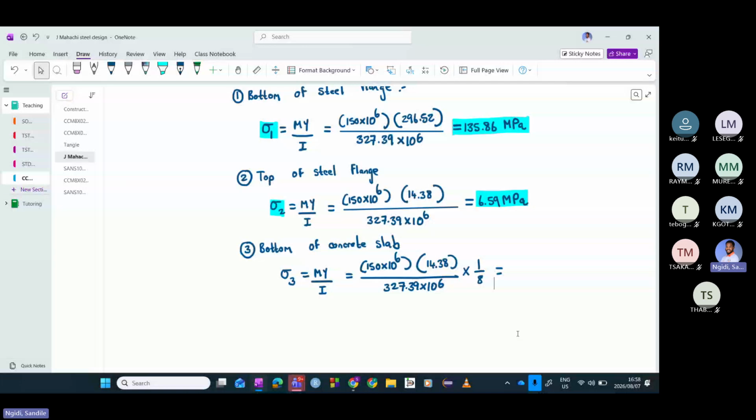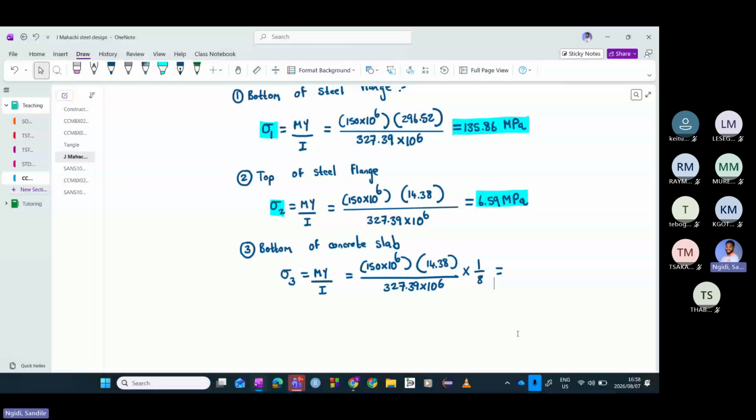Let's look at the top of the concrete slab. So let's find the stress at the top of the concrete slab. We can call this sigma 4, which is My over I.